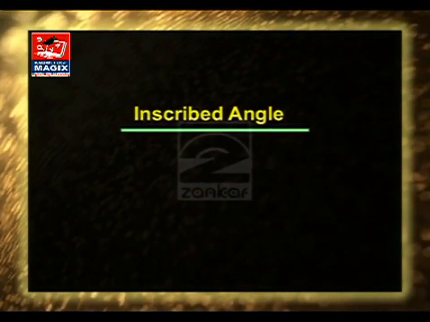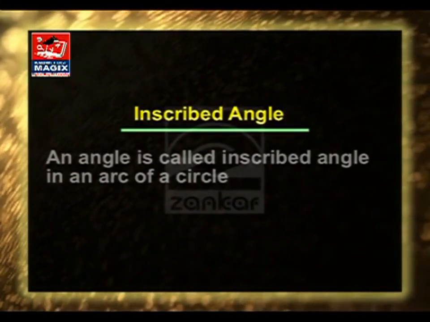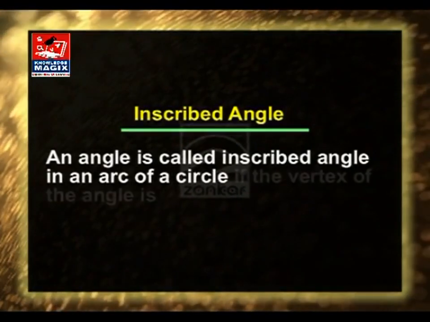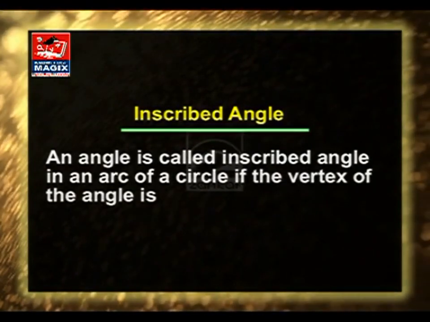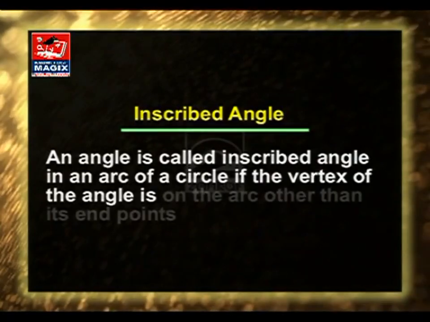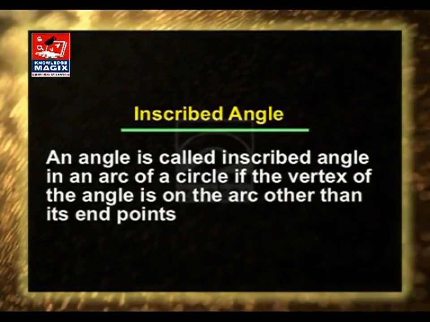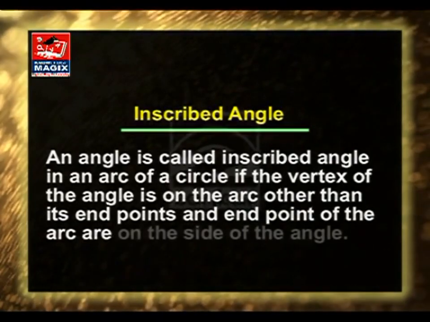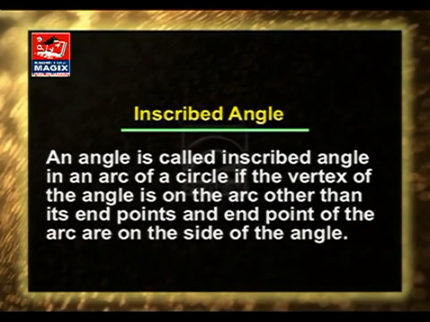Now about the inscribed angle. An angle is called inscribed angle in an arc of a circle if the vertex of the angle is on the arc other than its end points and end points of the arc are on the sides of the angle.